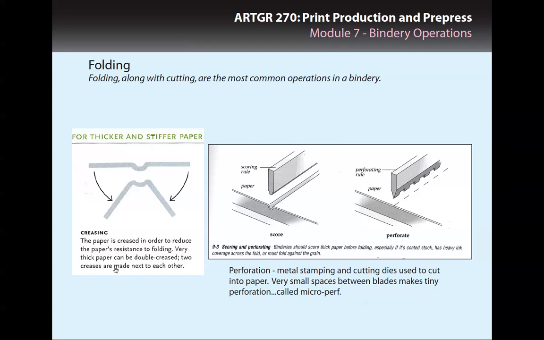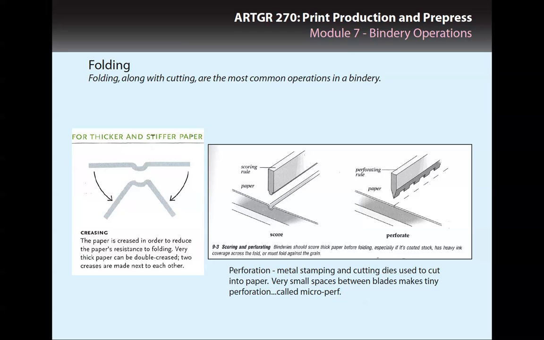When it comes to folding thicker paper, like cover stock or card stock, first the paper needs to be scored or creased, and so a small metal blade will come in and indent the paper, and that allows the paper to fold without cracking. It allows it to fold with a nice straight line in the right spot.